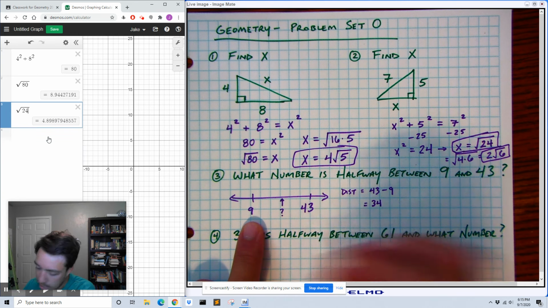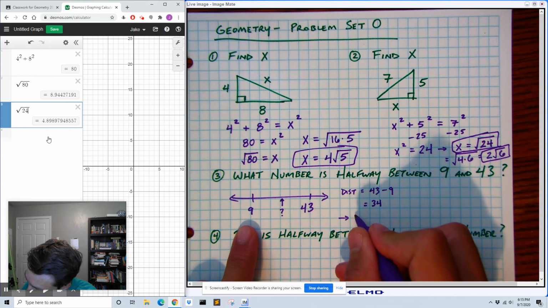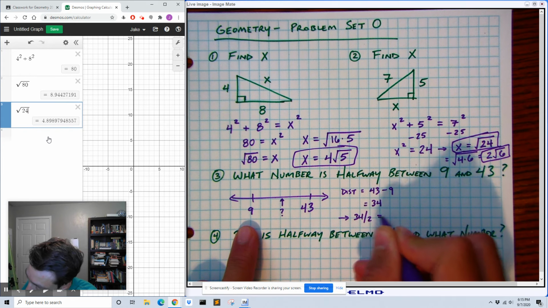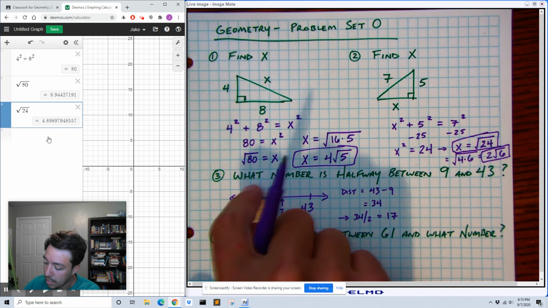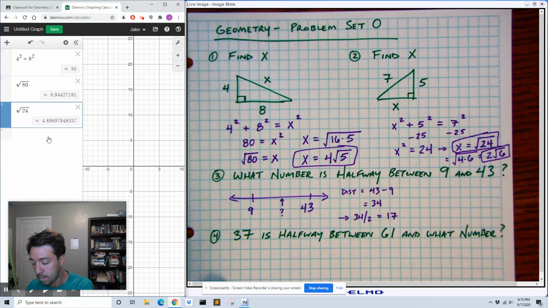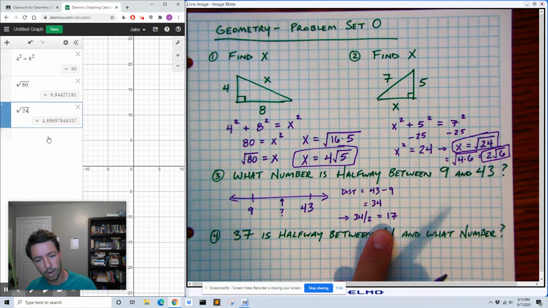So I could say, okay, well, it's half the distance then. So half the distance, 34 divided by 2, is 17. So I could add 17 onto my number here to get where I want to end up.